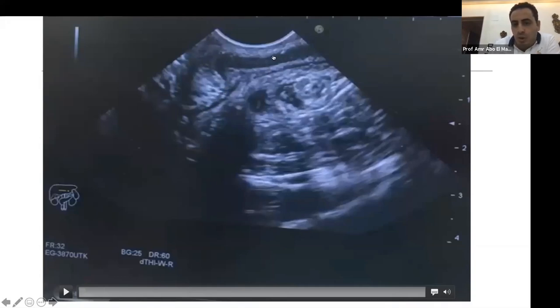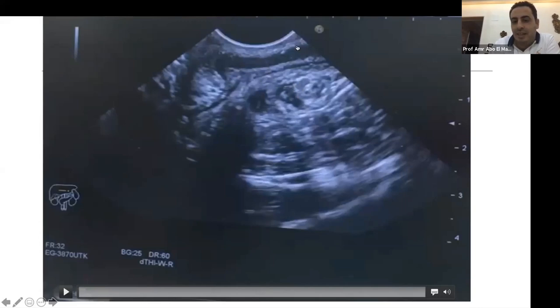This continuation is the internal anal sphincter. This is the internal anal sphincter. Outward to it is the intersphincteric area, and as we said, it alternates black and white, white and black, black and white. The internal anal sphincter is covered by the external anal sphincter, the deep part and superficial part.